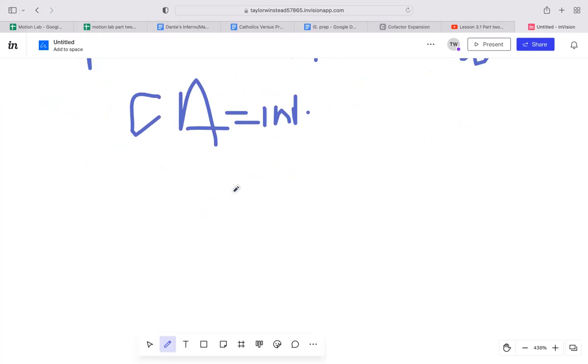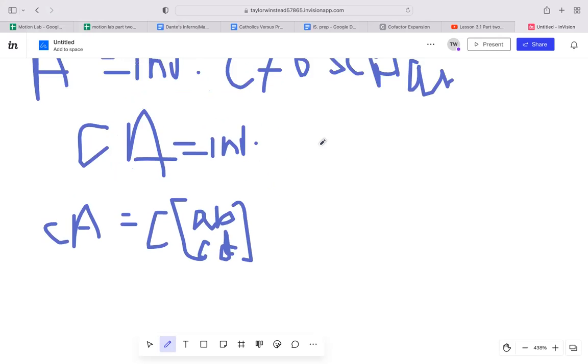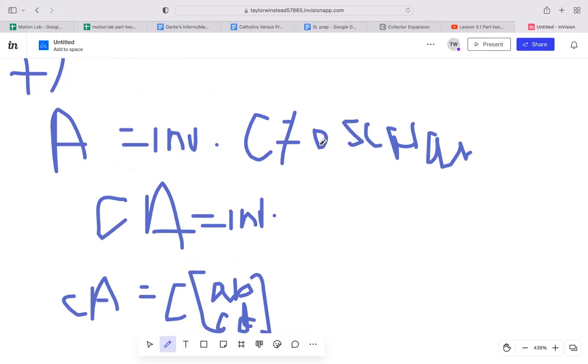So the first thing we have to realize is for A to be invertible, that basically means that we've got CA equals C times A, B, C, D. Of course, this is just an example. It's a matrix of arbitrary size. We have no idea how big it is.